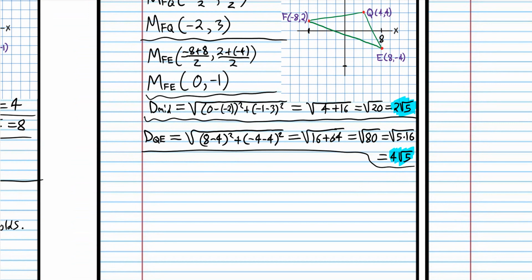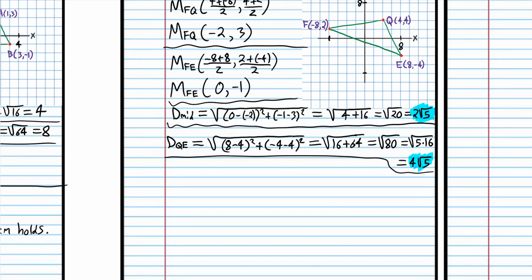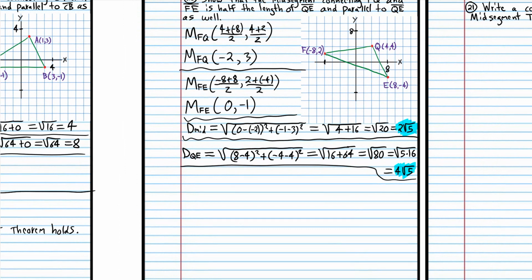All right, so now we just have to show that QE is parallel to the midsegment. So I'm going to find the slope of the midsegment using these 2 points up here. Using FE as the second point, we have -1 minus 3 over 0 minus -2, and we get -4 over 2, which is -2.